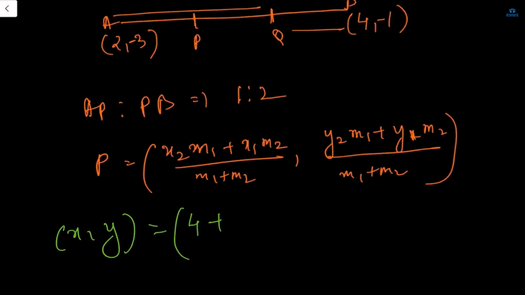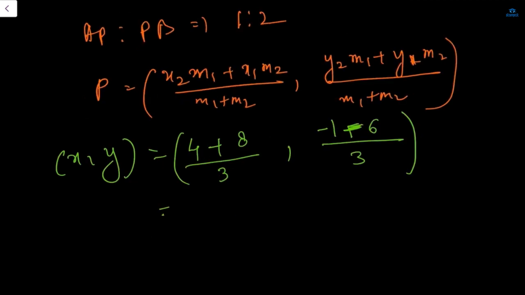So 2 into 4 upon 3, comma, now y2 into m1, so minus 1 plus 2 threes are 6, minus 6. So it will be 12 upon 3 comma minus 7 upon 3.